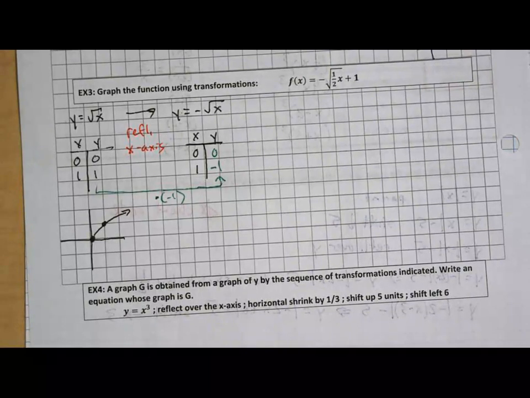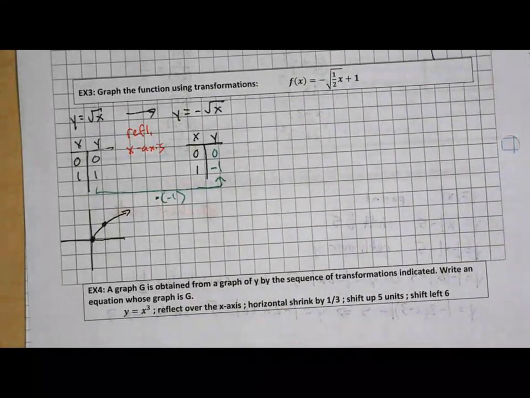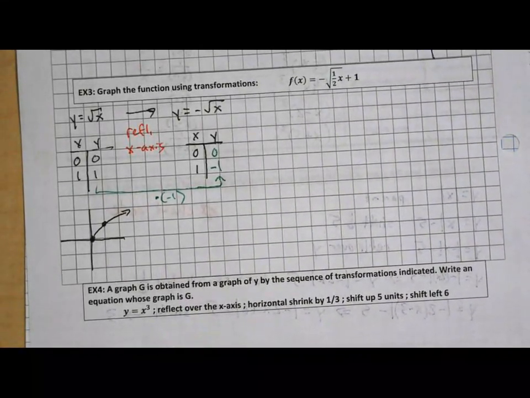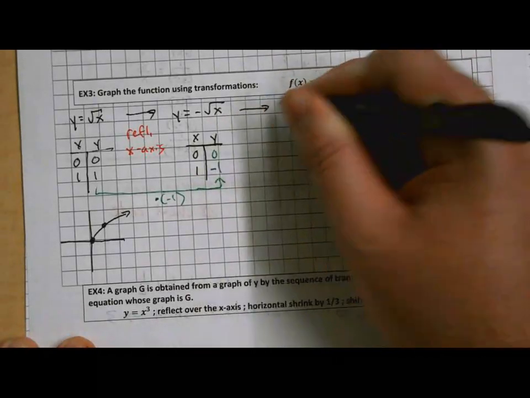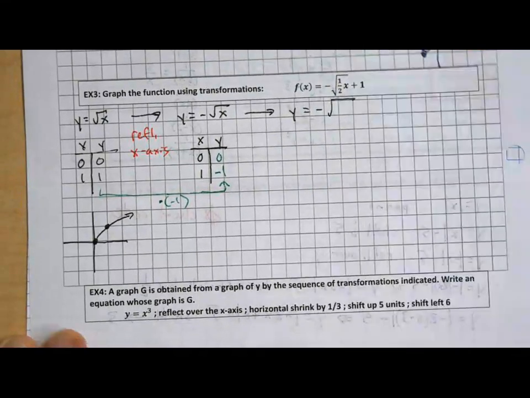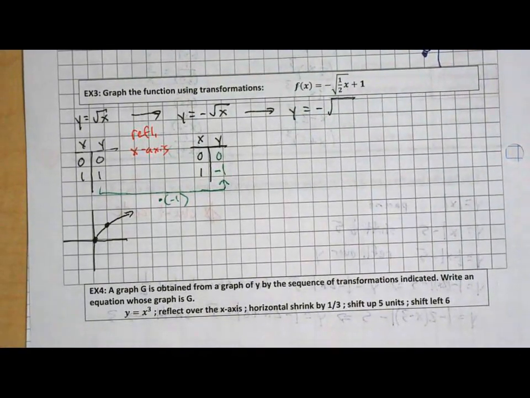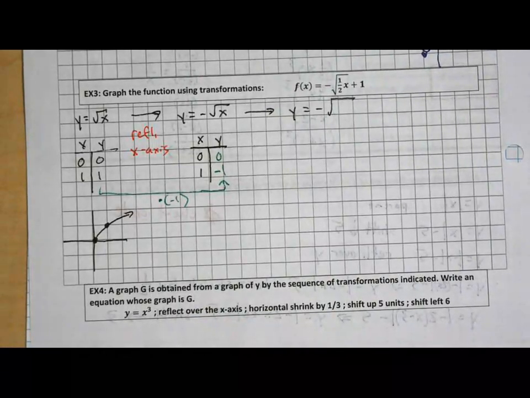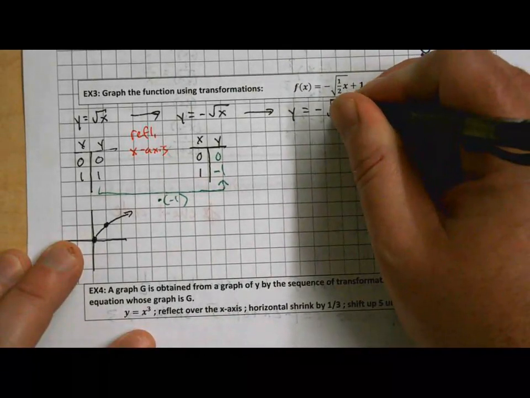All right. Let's deal with that half on the inside next. This is happening inside the function, so it's really important that I'm not just multiplying the x times a half, I'm pulling the x out of the equation, multiplying it by half and putting it back in.